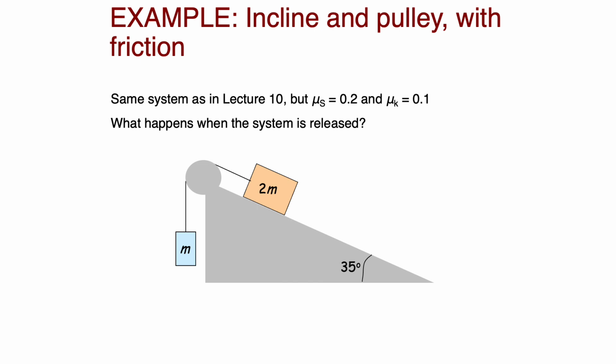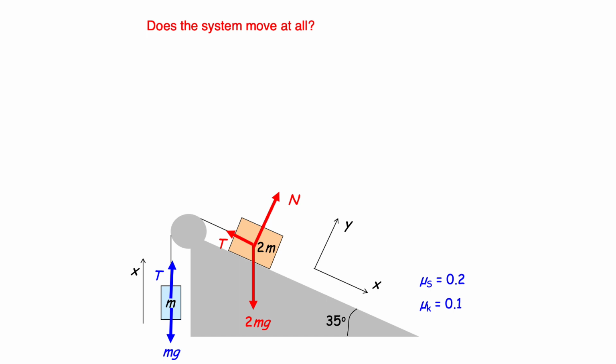As always, the first step is to draw the free body diagrams for the two masses. Now, in this particular picture, we're drawing them sort of connected to each other on the same graph, but you don't have to do that. The red and blue are both independent free body diagrams. As you recall, the blue mass experiences two forces, mg pulling down and tension pulling up.